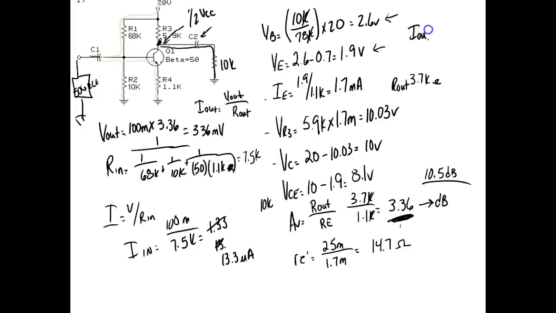So I out would be equal to V out, 336 milli, divided by 3.7K. Is that going to be equal to?